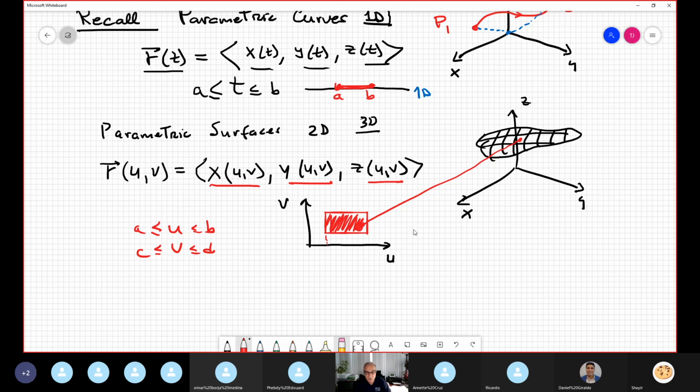This domain is 2-dimension, whereas here it is 1-dimension. What is the only difference? The 2-dimension uv domain is flat, and the 2-dimension surface in 3D ambient space is not flat, it's curvy.